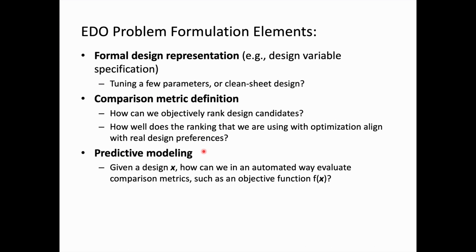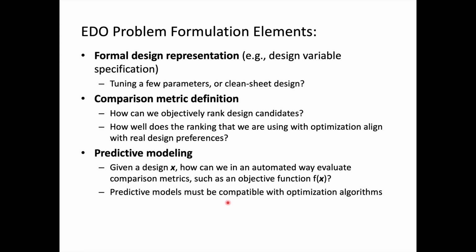And we need a way of mapping a design that is defined using our formal design representation, in this case, the design vector X, and mapping that to the comparison metrics. Or in other words, given a design X, what is the value of the objective function? And if it's a constrained problem, what are the values of the constraint functions?